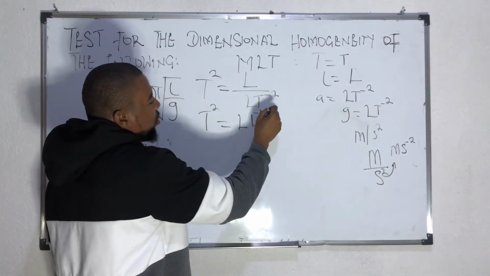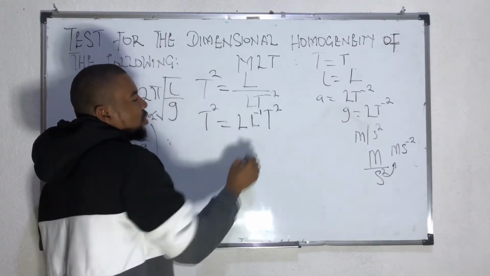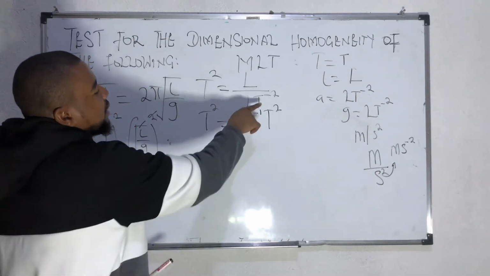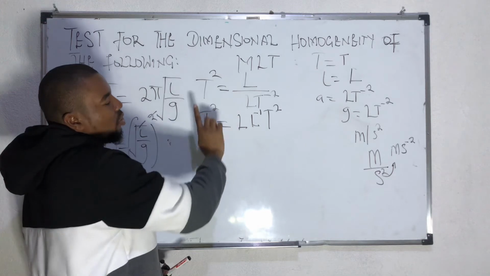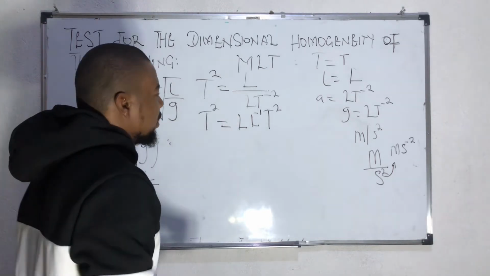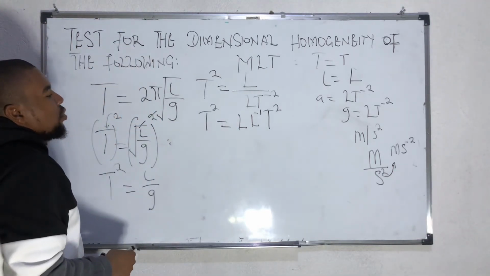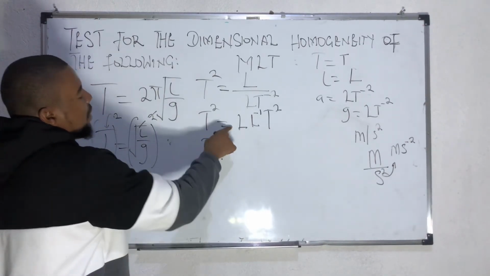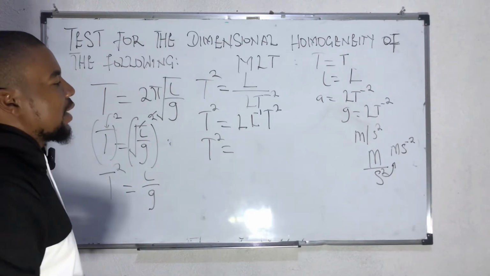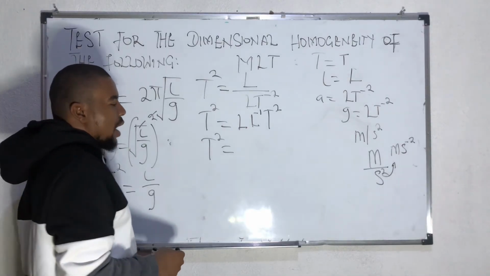Now the t has a negative 2 down here. If you take it upwards, it's going to be a t squared, right? Because it's already negative down there. If you remove it from the denominator, it's going to be positive. Now, what do we do at this point? Let me explain. Remember, I said if the bases are the same, you simply add the powers.